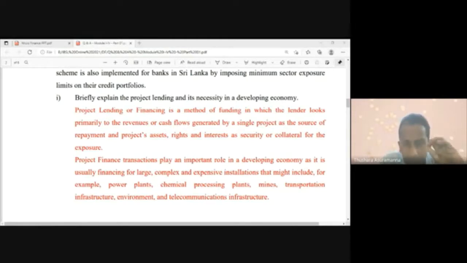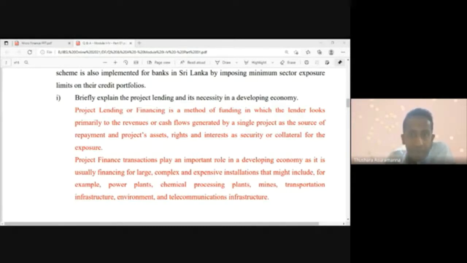Here he has mentioned only two aspects, the cash flows and the security. But you can elaborate it further, right? Like Ravin mentioned, you can bring some examples, like power plants and chemical processing, which are relevant to the first part, not the second part.